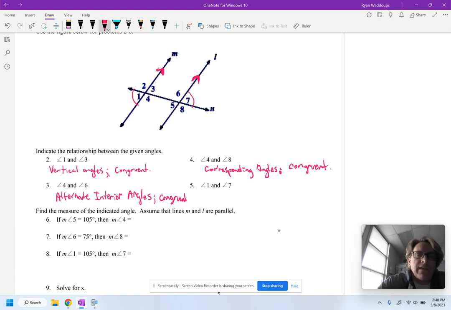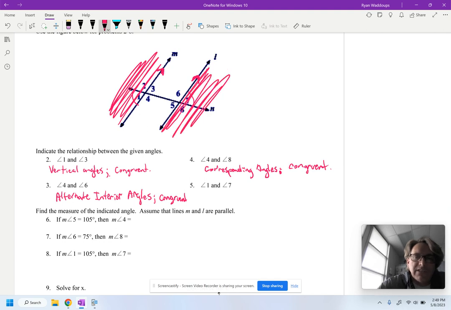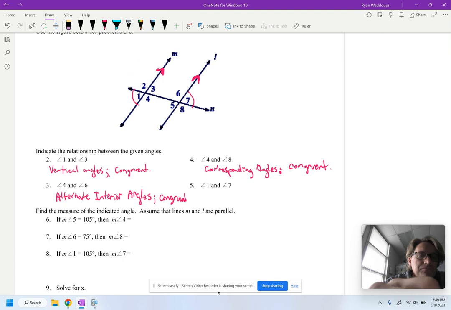And they are on the outside of the parallel lines, so we'd say they're exterior. And one's on the one side, one's on the other, so that we'd say they're alternate exterior angles. And once again, if they're parallel lines, we can say that they are congruent.